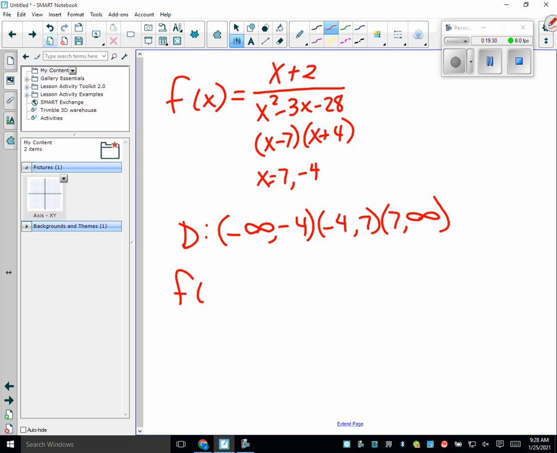Okay, what about this one? What is my domain? What would make the denominator 0?